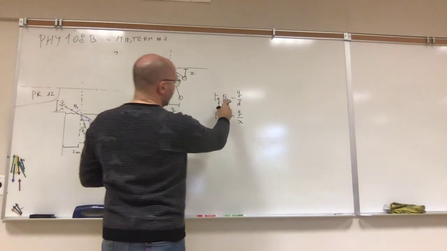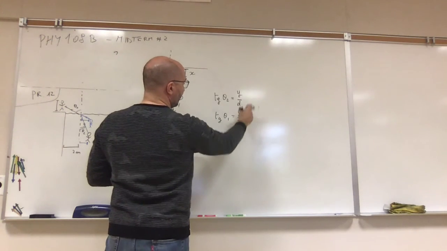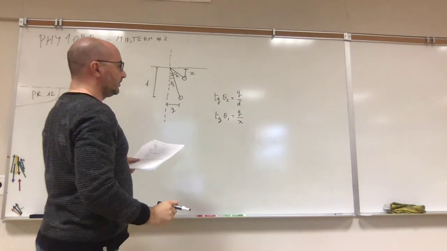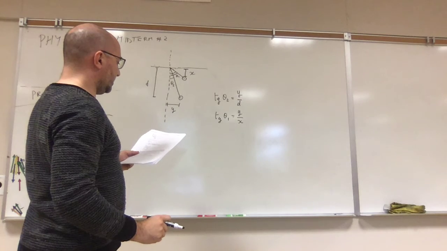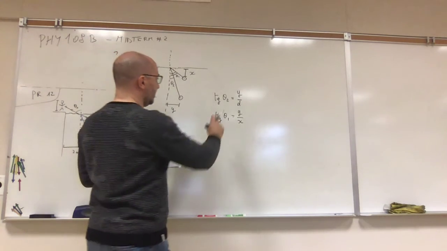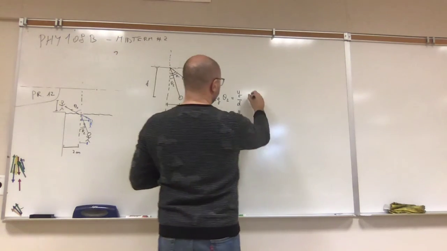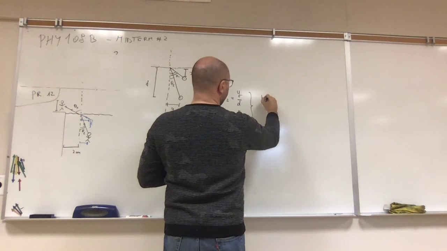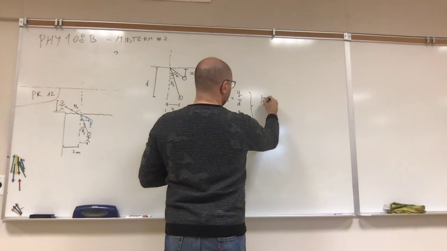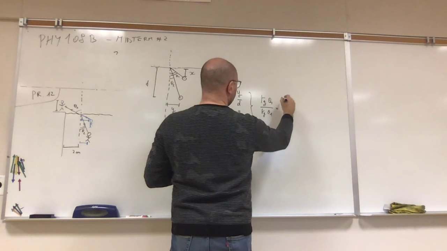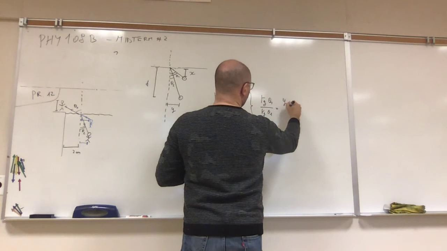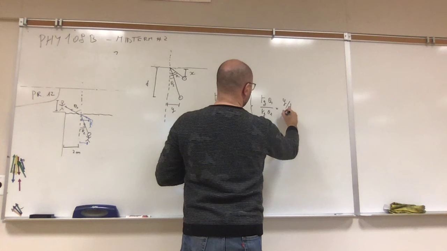Now I can match these two because I have y in both of them. And so we can divide one on top of the other. Let's see what I get. I get the tangent of theta 2 divided by the tangent of theta 1 equal to y over d over y over x.